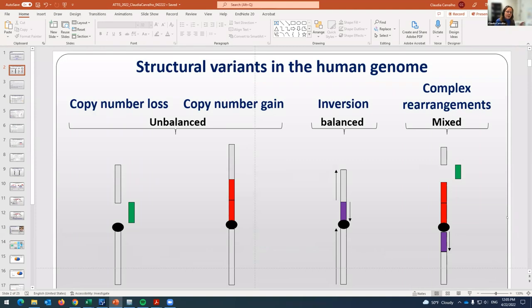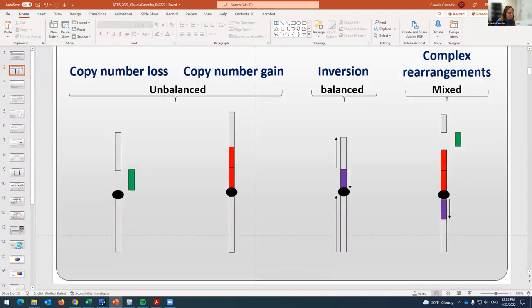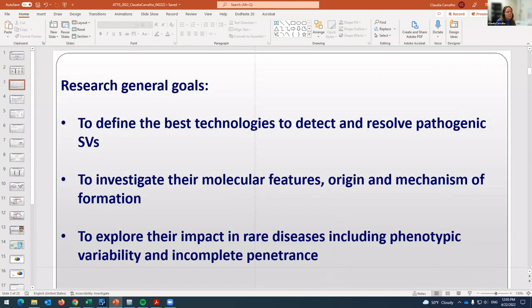So our work is geared towards the study of rare diseases and constitutional diseases. The research goals in my lab are: 1, to define the best technologies to detect and resolve pathogenic structural variants; 2, to investigate their molecular features, origin, and mechanism of formation; and 3, to explore their impact in rare diseases, including phenotypic variability and incomplete penetrance.